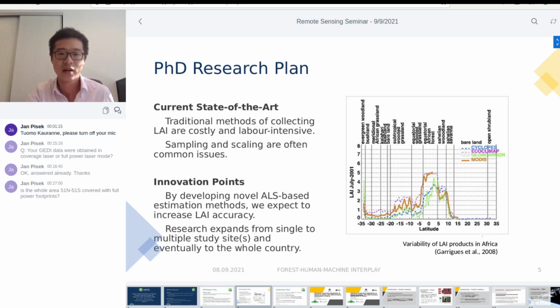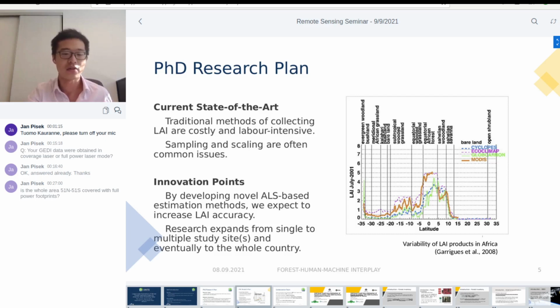So what we plan to do is to develop some airborne LiDAR ALS-based estimation methods. With the help of airborne LiDAR scanning data, we expect to increase the accuracy of leaf area index, and also we try to take clumping effect into consideration to see how to best achieve a very precise leaf area index estimate.